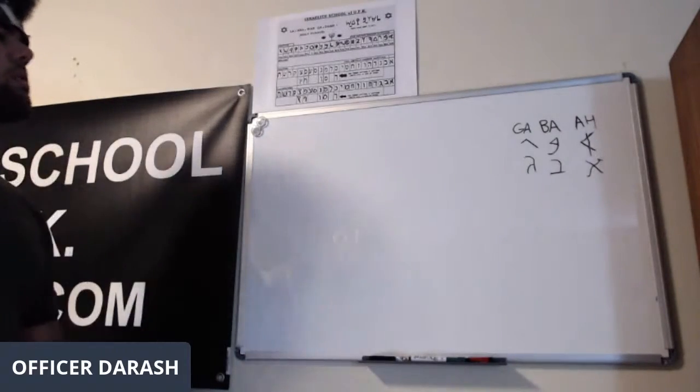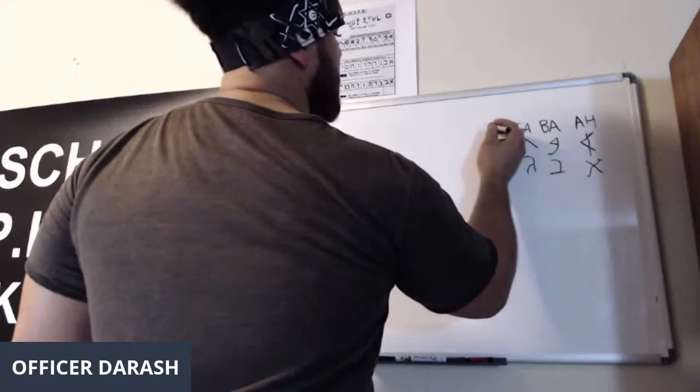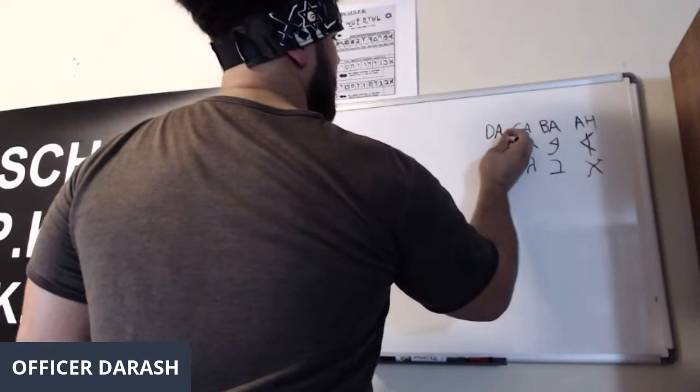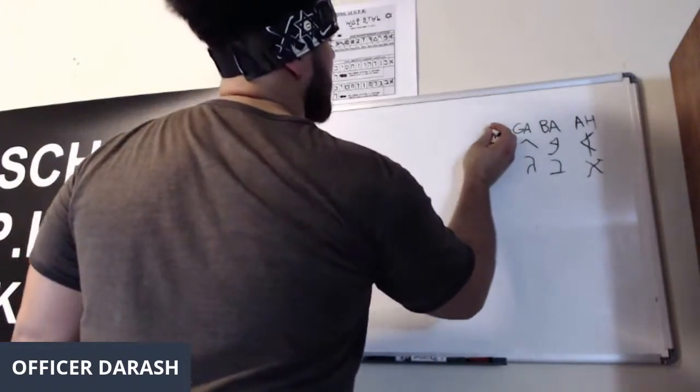All right, next. Ba, ga, da. So the next one is the da sound. All right, da.